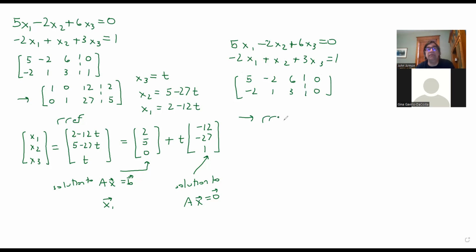So RREF looks like this. So the coefficient part, when you do RREF, looks exactly the same. So these two calculations, the only difference is you're going to get some numbers here for the non-homogeneous system. So by looking at this, you say, what is the general solution going to look like?